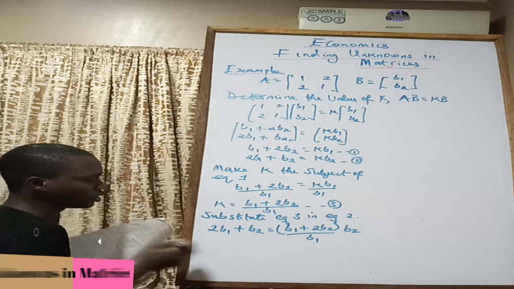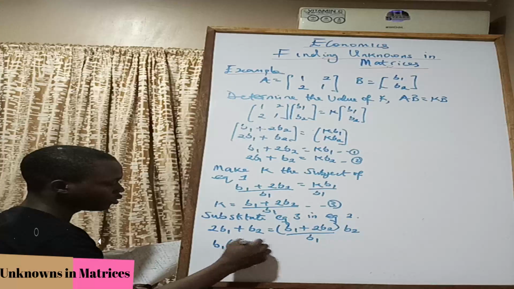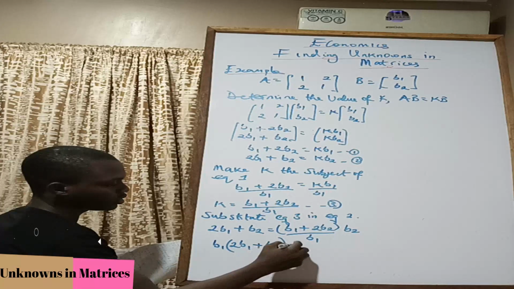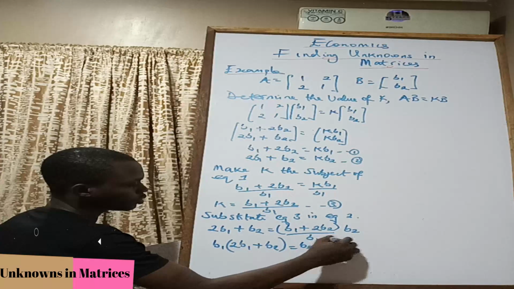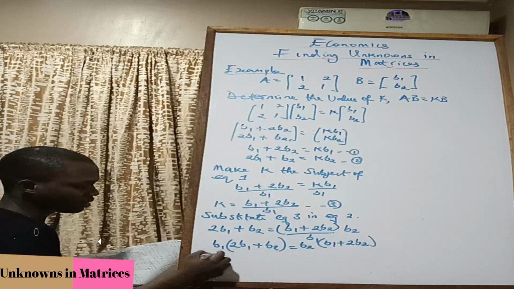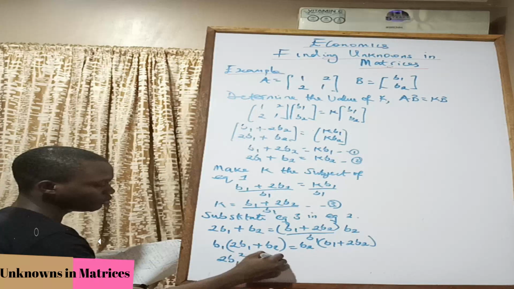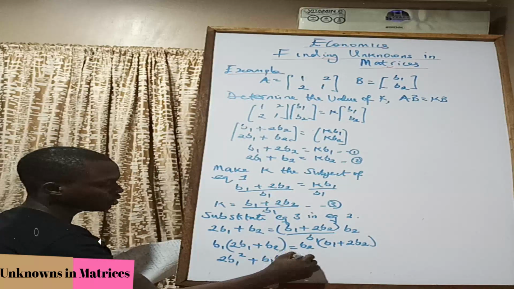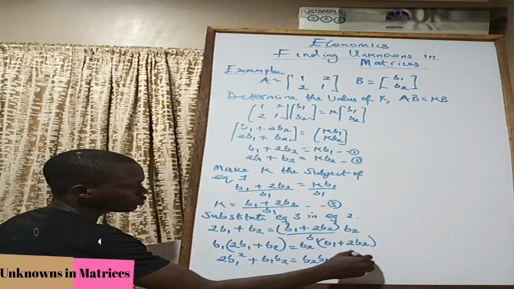When I cross multiply, I have B1 into brackets 2B1 plus B2, and this equals B2 into brackets B1 plus 2B2. So B1 times this is 2B1 squared plus B1B2 equals B2B1 plus 2B2 squared.